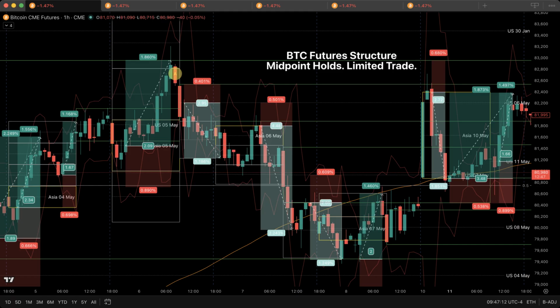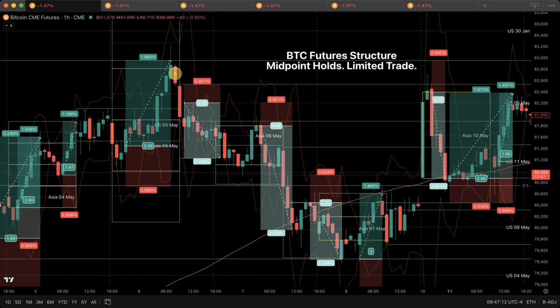Now the trail. If price reaches May 6th U.S. lower boundary and continues to hold above it, the remaining position can trail toward May 10th Asia upper boundary. But the stop must follow. A trail without a stop adjustment is just giving back profit.